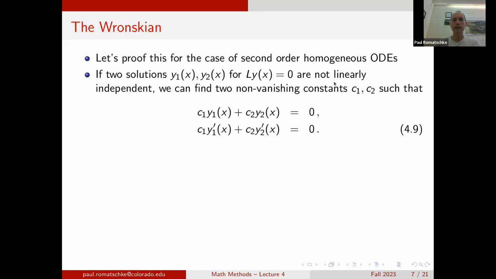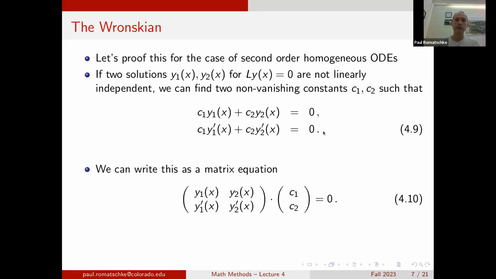If this is the case, we can find two non-vanishing constants c1 and c2 such that if we add up these solutions y1 and y2, they add up to 0. The simplest such case would be if y1 is equal to y2, then we can always find non-vanishing constants c1 and c2 such that these two equations are fulfilled.